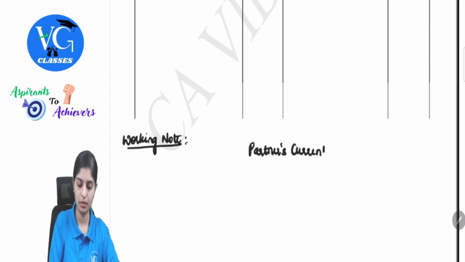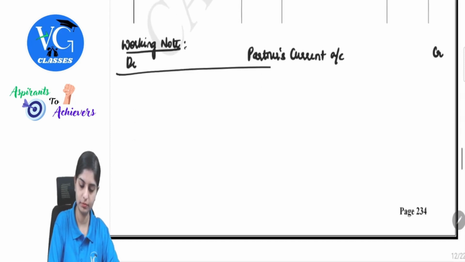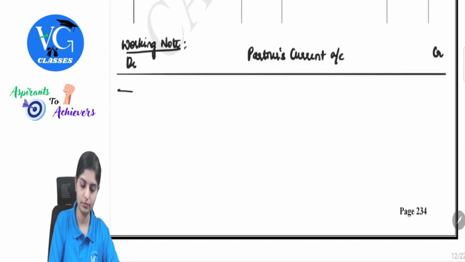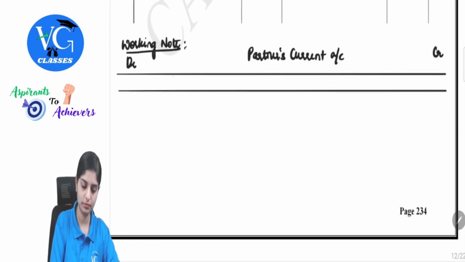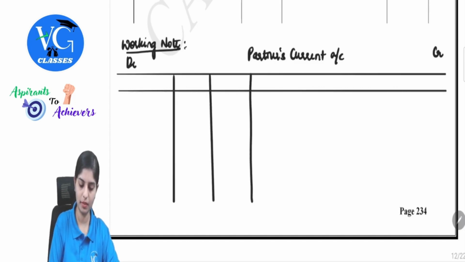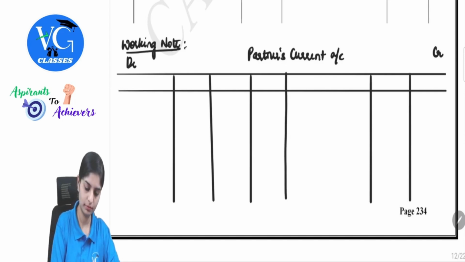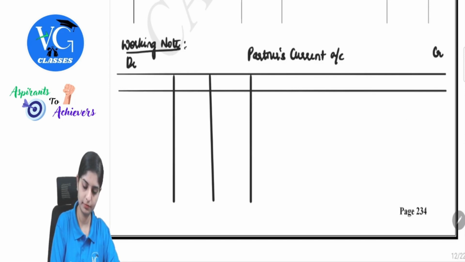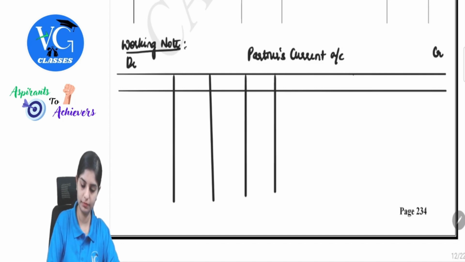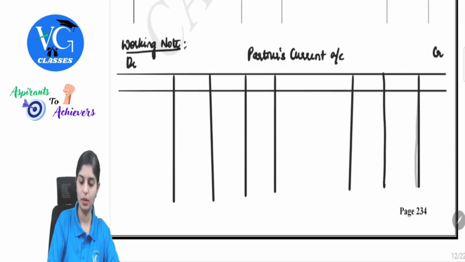Partners' current account. Three partners, P, Q and R.